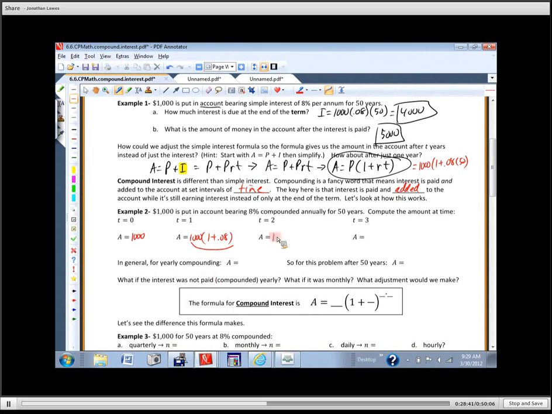So here's the principal, 1,000 times 1 plus 0.08. That's just the principal, and then they're going to pay us interest. This is how much was sitting in there. They're going to give us 100% of that plus 8%.